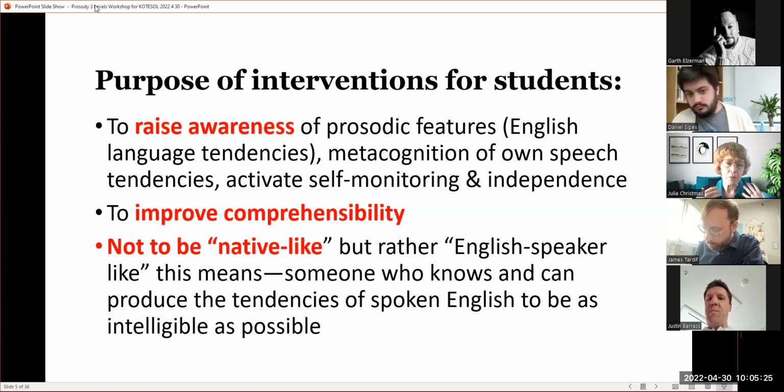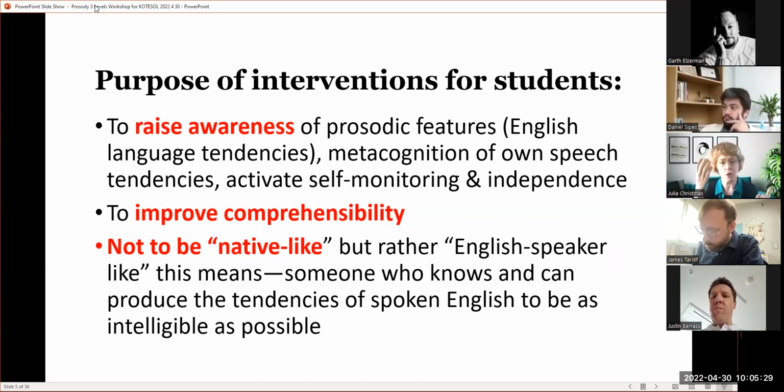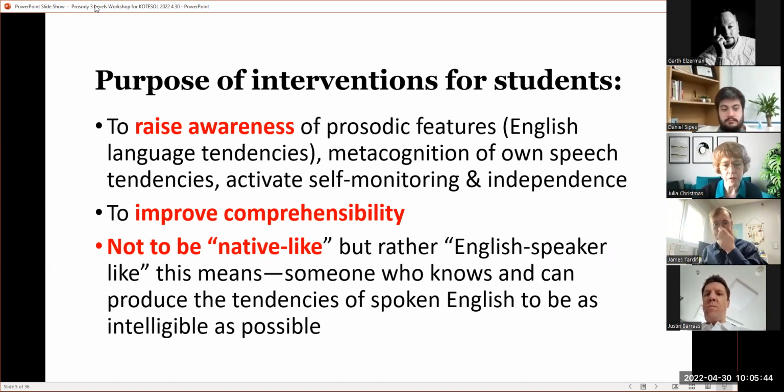So I'm trying to give them metacognition about their own speech, and then allow them to monitor themselves and make them more independent so that when they leave my classes, they have the strength and ability to use these features when they speak and when they present.